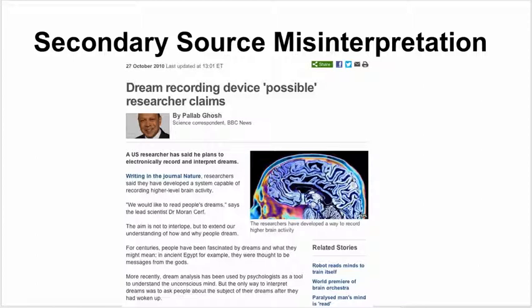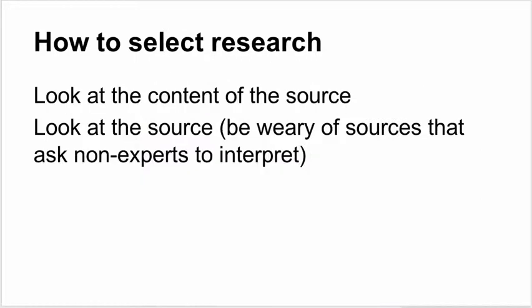So when you're dealing with secondary sources, be aware that they can misinterpret research. You want to find the primary research if possible. And when you're selecting research, it can be easier to start out with some secondary sources, some blog posts, some newspaper articles, but you want to follow the trail from secondary to primary and then look at the content of the source.